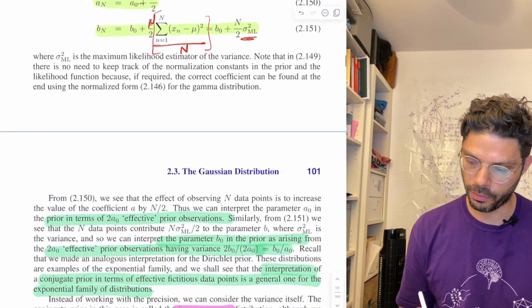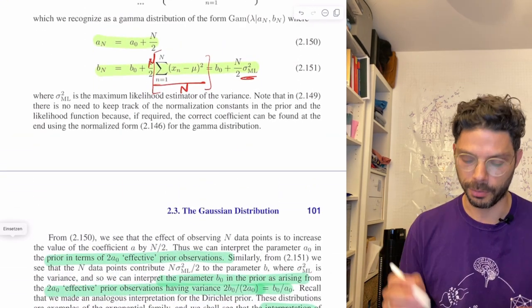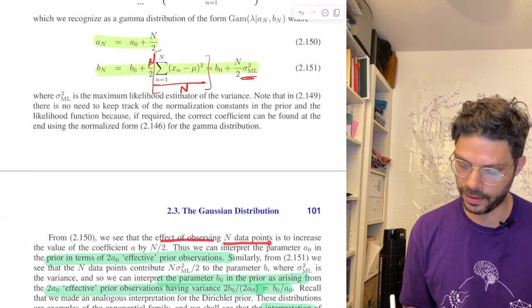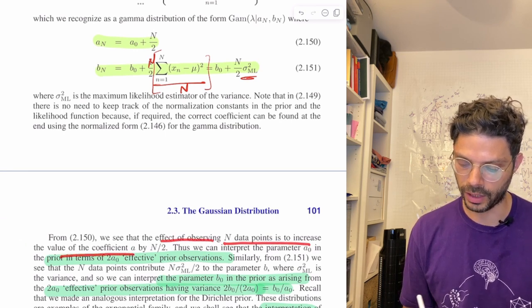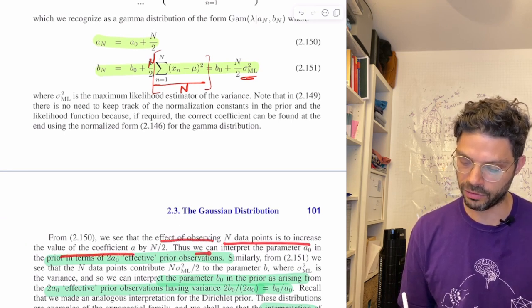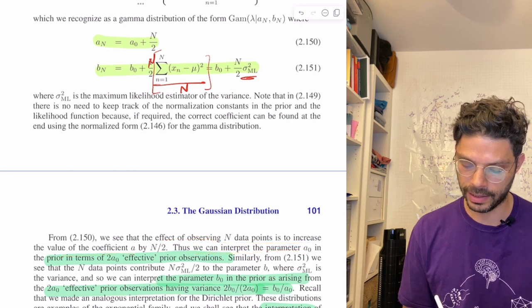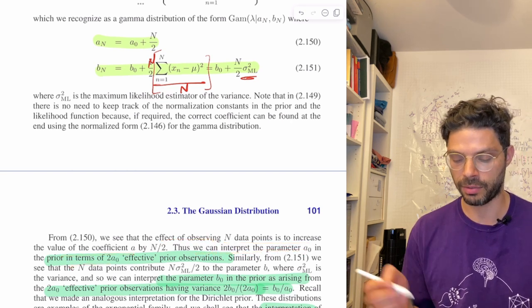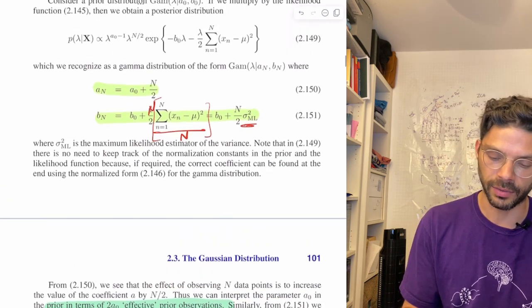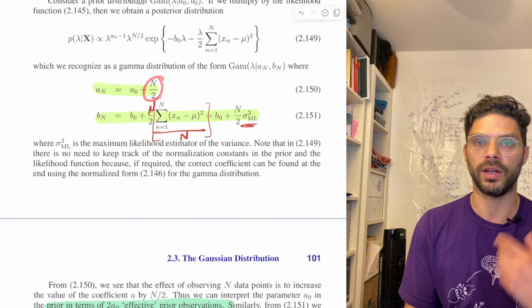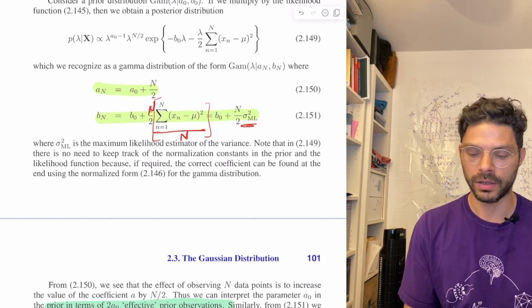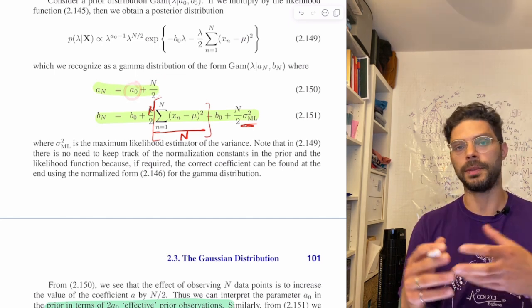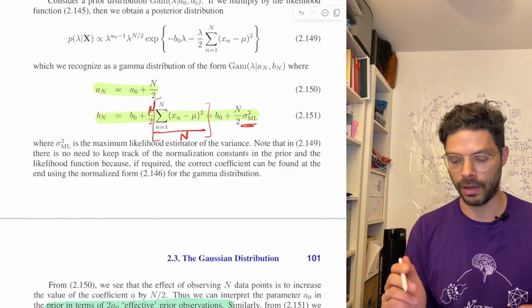Okay, from 2.150, we're trying to get the interpretation, and we see that the effect of observing n data points is to increase the value of the coefficient a by n over 2. Thus, we can interpret the parameter a naught in the prior in terms of 2a naught effective prior observations. So it's kind of like saying, if I multiply this by 2, I get the number of actual observations. That's my fictitious prior observations.